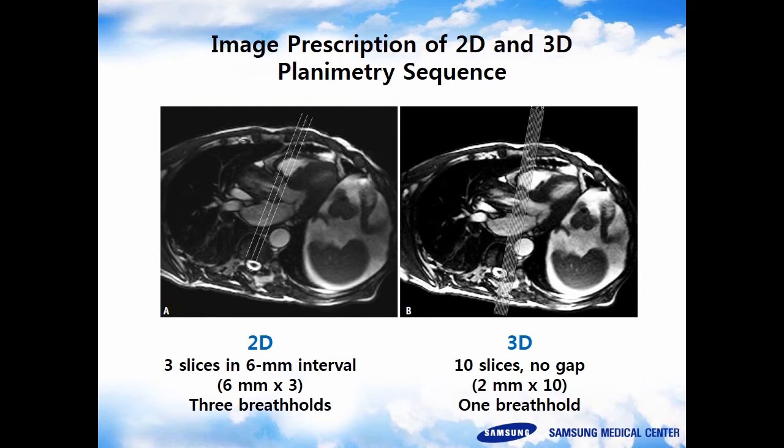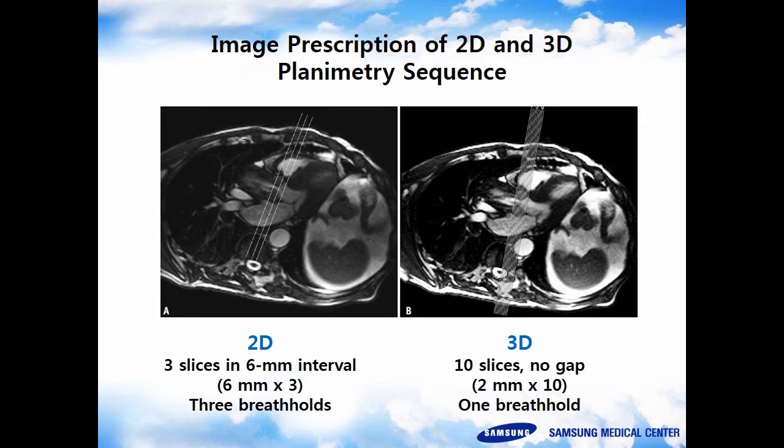Figures show a comparison of image prescription of 2D and 3D planimetry sequences. 2D Cine images were acquired in 3 short-axis views covering the aortic valve area from the left ventricular outflow tract to the ascending aorta at 6 mm intervals using a segmented steady-state precession sequence.